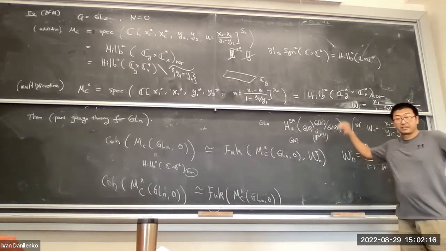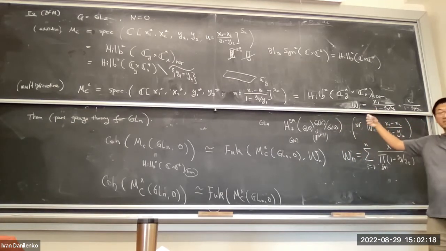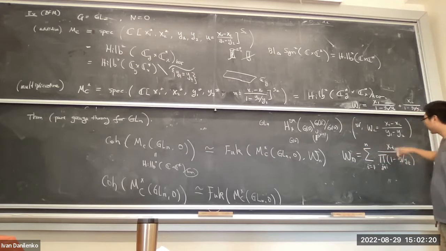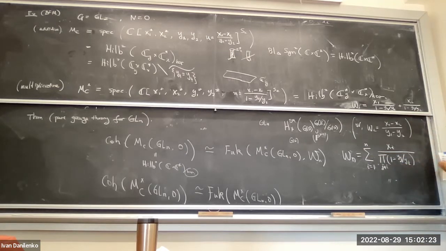P minus 1 has this fixed point, towards fixed point, that corresponds to here. And this denominator comes from this Lagrangian class. So everything is kind of geometrical here, this connection.